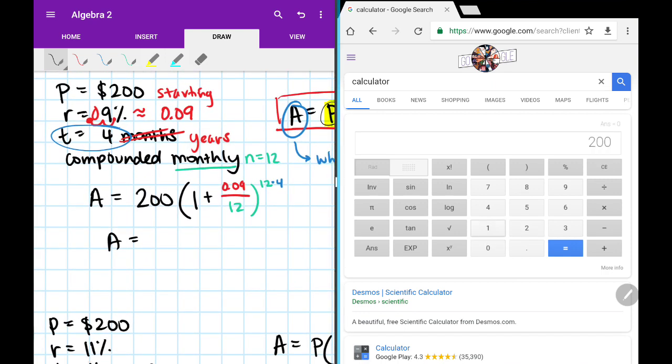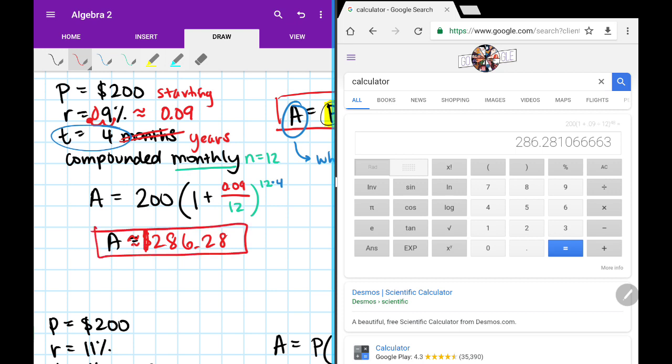It says 200 parentheses 1 plus 0.09 divided by 12, close parentheses, to the power of 12 times 4. So I'm just going to write 48 because 12 times 4 is 48. Enter. And this is what I came up with. $286.28. So approximately $286.28 would represent my final amount.